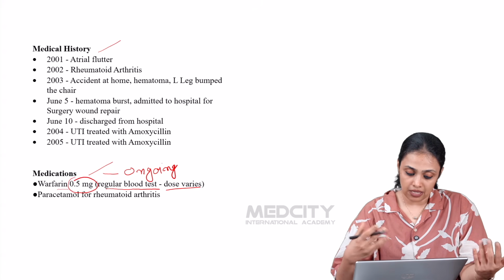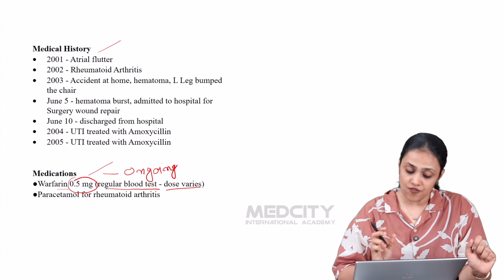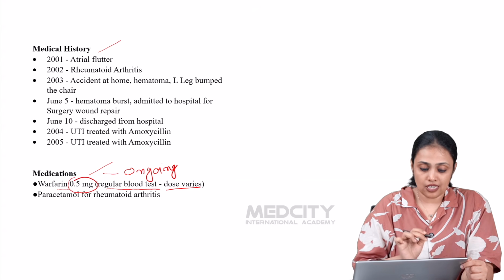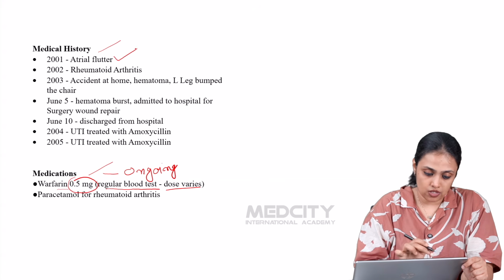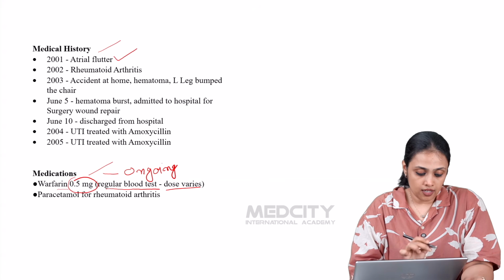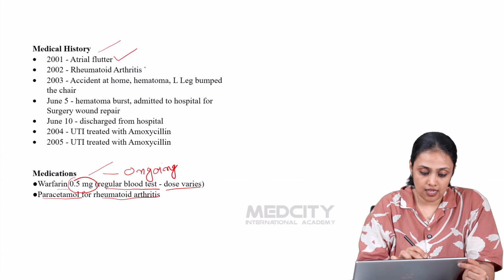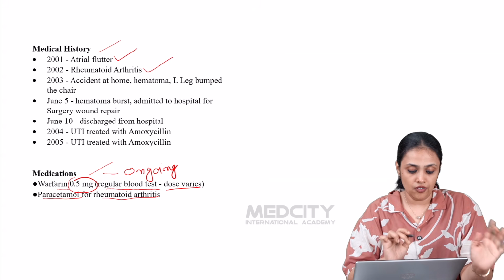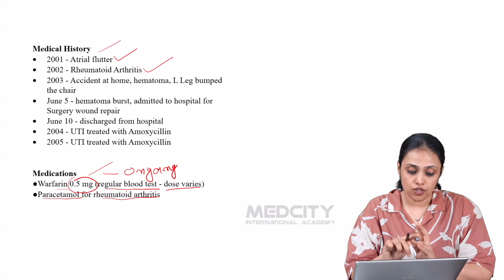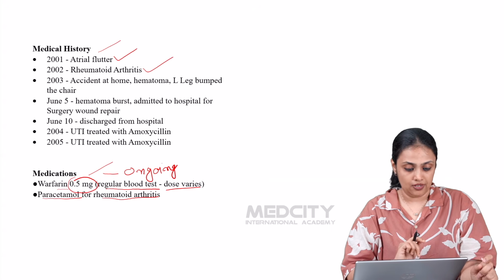Based on the regular blood test, the dosage is varied. This warfarin will definitely be for the atrial flutter, so this is relevant. Then we see paracetamol for rheumatoid arthritis, which is also relevant.